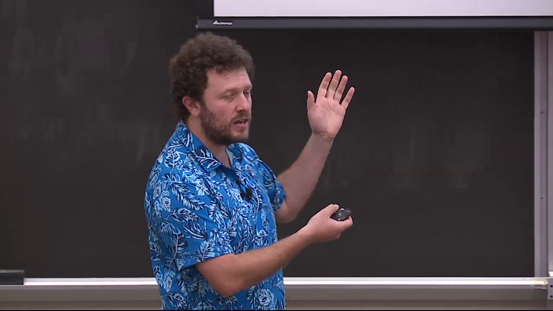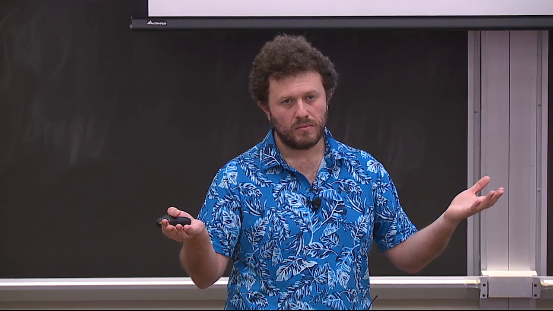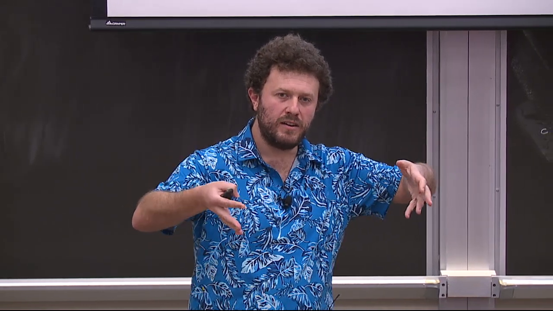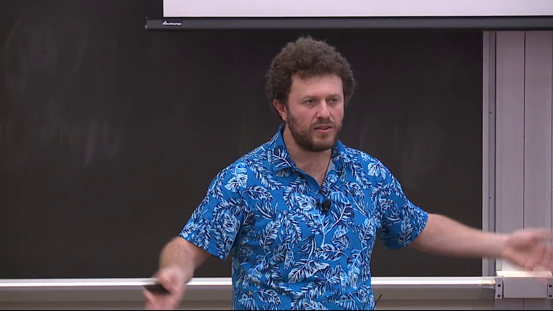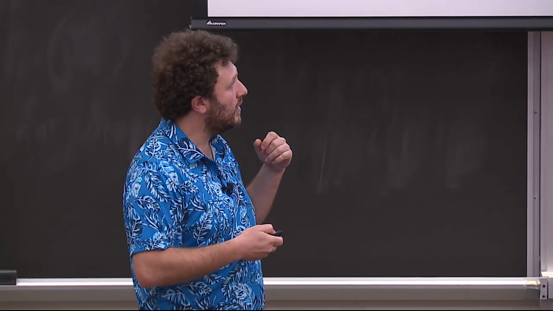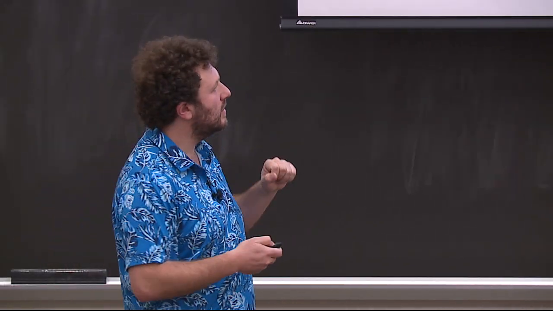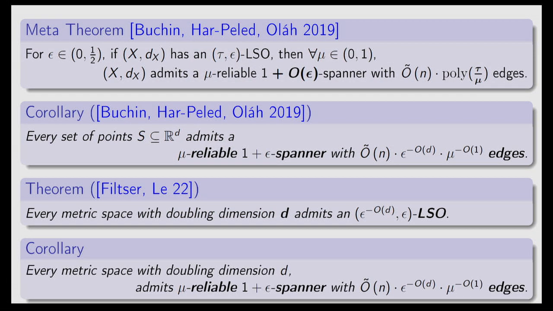Now we just construct a reliable spanner for each path, where you essentially just put an expander on a path. This will be your reliable spanner. And then you do it for every path in your LSO, and the union of everything will be your reliable spanner. And now you can plug in our LSO for doubling metrics. You'll get a similar trade-off. This is actually exactly the same as we have for general doubling metrics, up to this log n factor here.